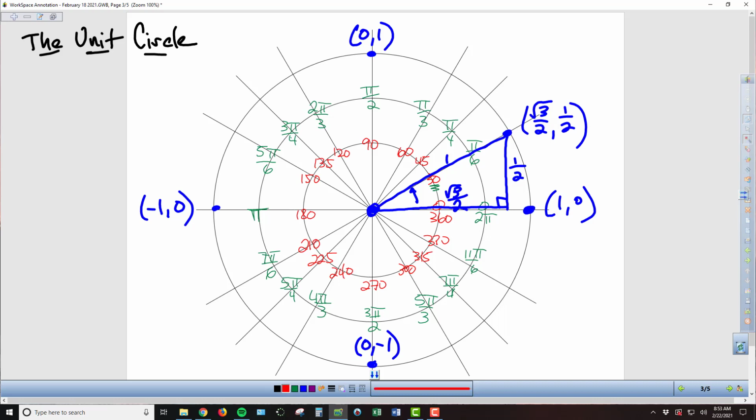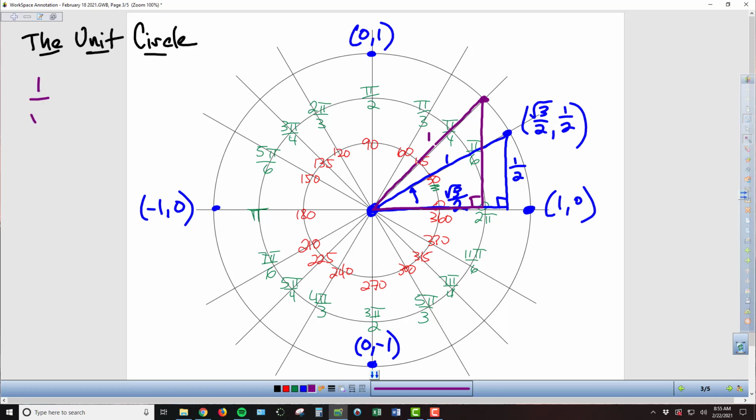So now I'm going to jump to the next point right here. So at this location, again, I'm along the terminal side of a 45-degree angle. So I'm going to drop a perpendicular and make myself a 45, 45, 90 triangle. And so again, just like on the blue triangle that we have in front of us, I know what the length of the hypotenuse is. I know that's 1. And then to get from the hypotenuse to the legs of a 45, 45, 90 triangle, I'm going to divide by √2.